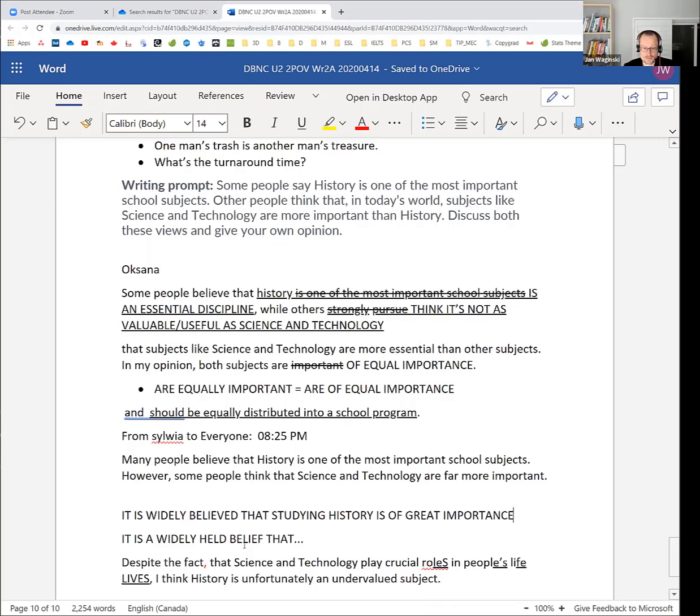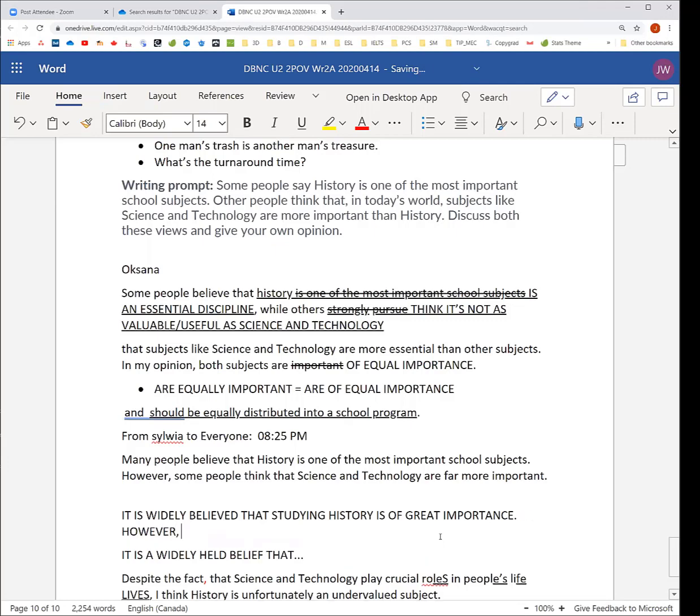Okay, what about the next part? So can I start the same, however some people think? Well, we don't need to use the word people, right? Some think that science and technology are more important. Can you change it to importance?